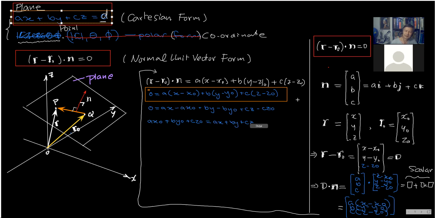Can we now introduce another constant d to represent the sum of the constants? Because after all, it is constant, right? You swap the left and right hand sides. Good. Can you see the identical equation we just obtained here?